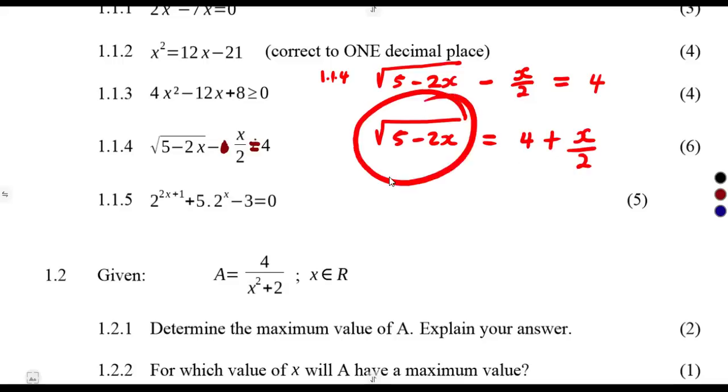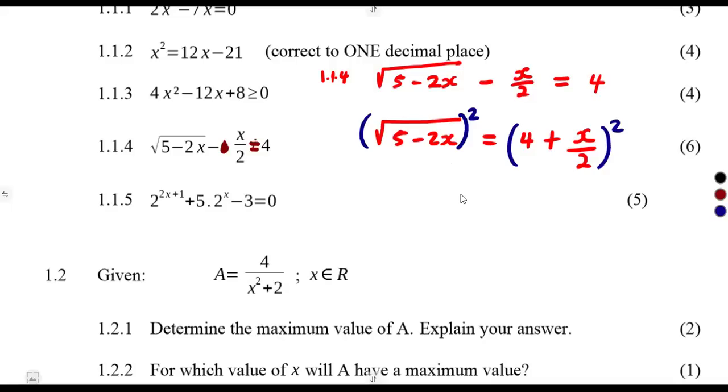To remove this square root, to get rid of that square root, what are you supposed to do? You're supposed to square both sides now. Squaring both sides is to get rid of the square root. So meaning to say we are going to have what? 5 minus 2x, which is equal to the square of this.